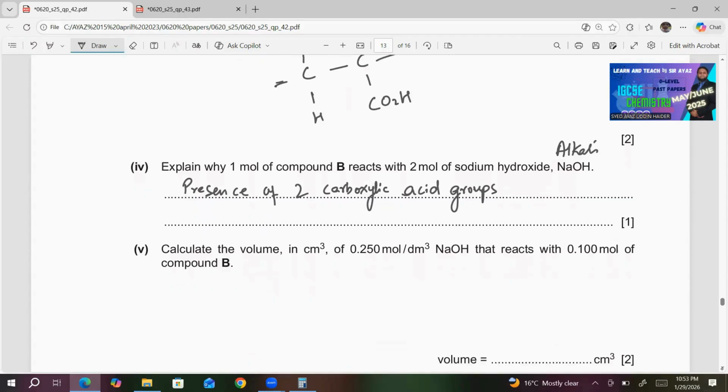5. Calculate the volume in cm cube of 0.25 mole per dm cube NaOH that reacts with 0.1 mole of compound B. So first of all, I'm going to find the mole ratio.